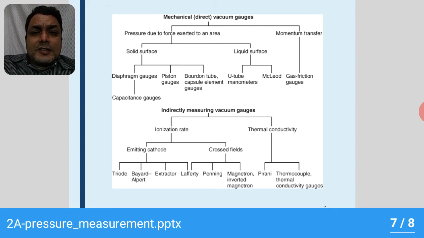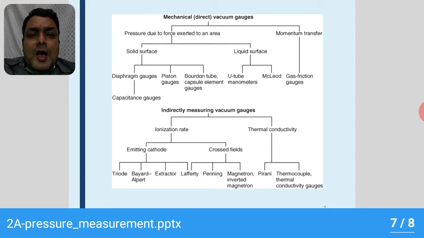Hence, these instruments are to be studied. We should know the working and principle of operation of these instruments and how pressures of different orders are measured by using them.